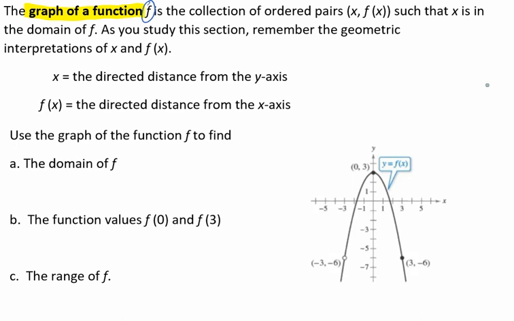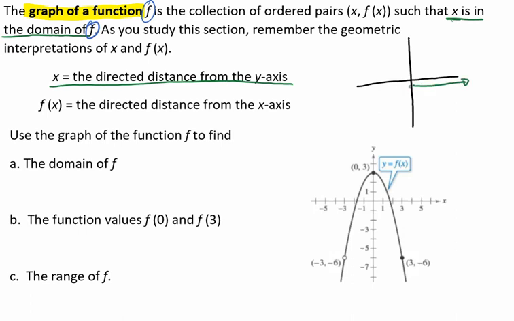So x is going to be in the domain of our function, okay? As we go through the following section, remember the geometric interpretations of x and f of x, like what do they mean? So let's take a look. We draw a coordinate plane here. X is the directed distance from the y-axis. So we're going this way and we're going this way, right?